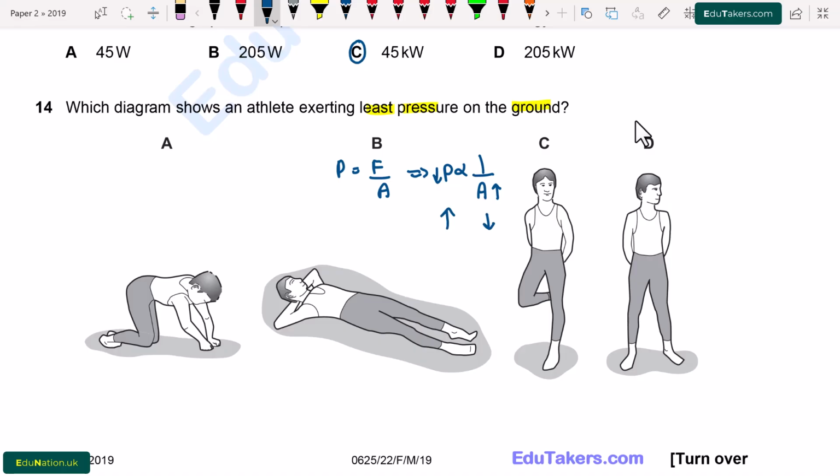Here we have to find the diagram in which the athlete exerts least pressure. So pressure will be least only when the area is larger. So this is B, where the athlete is lying horizontally. So his area increases. When the area is larger, pressure for him will be smaller. So option B is correct.